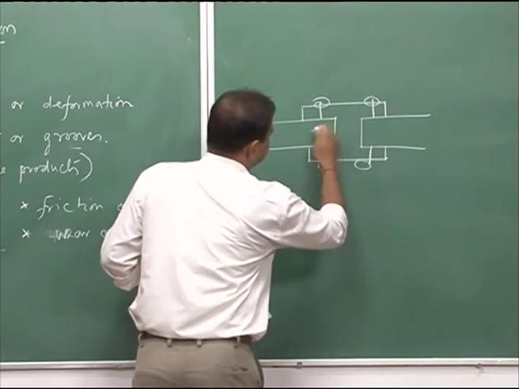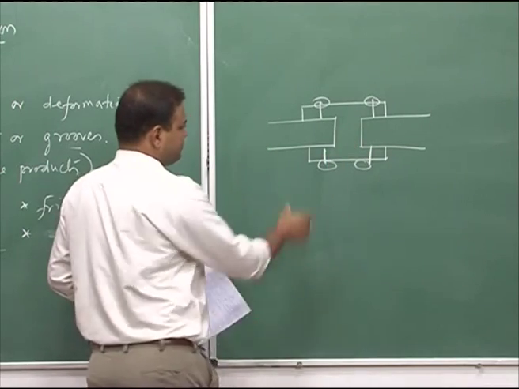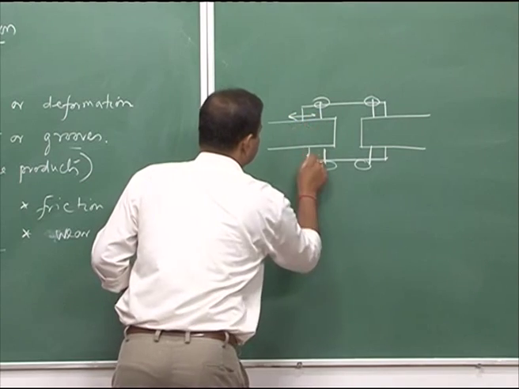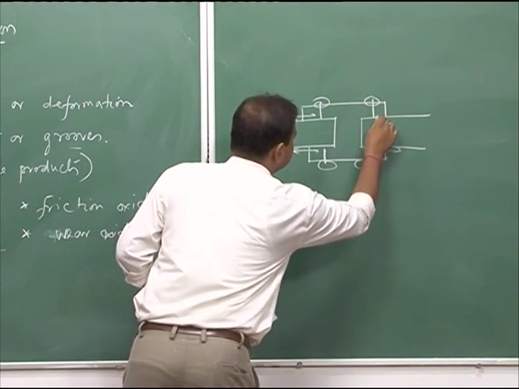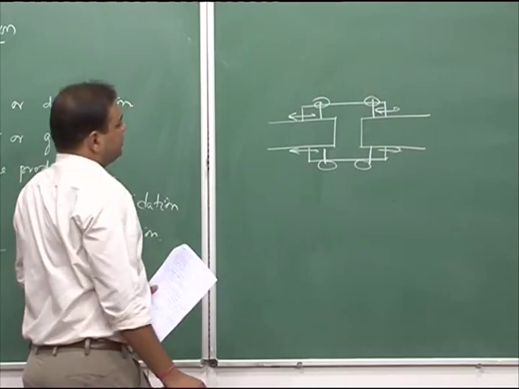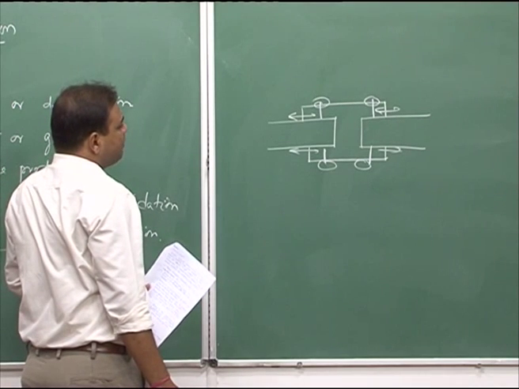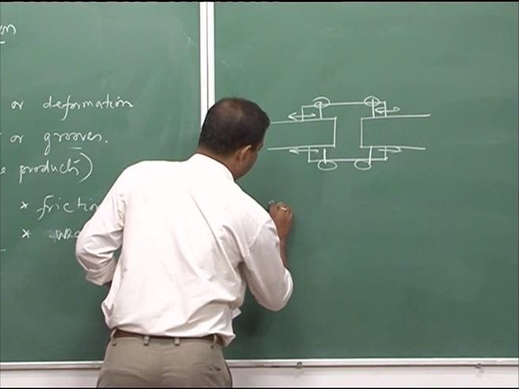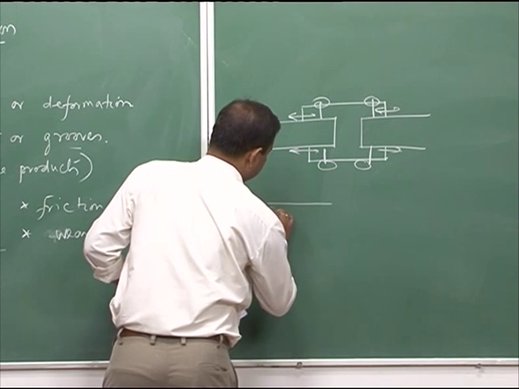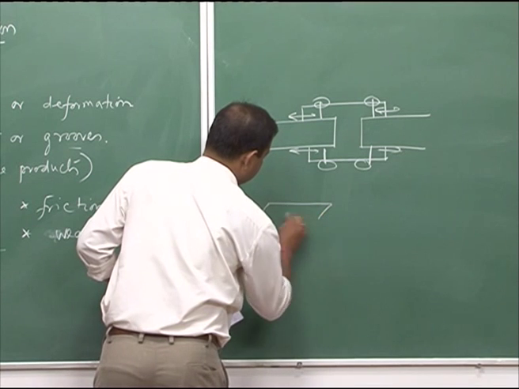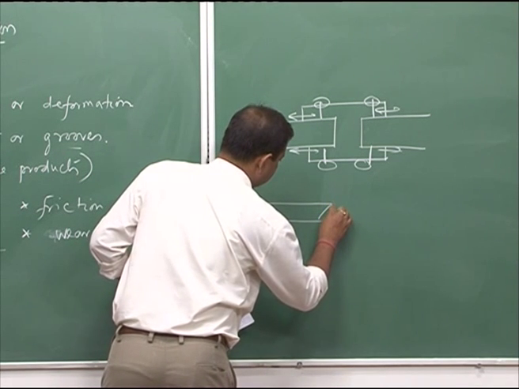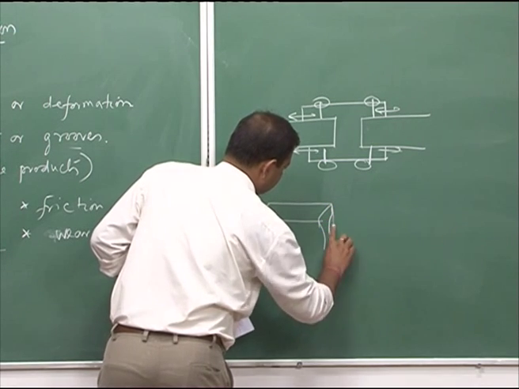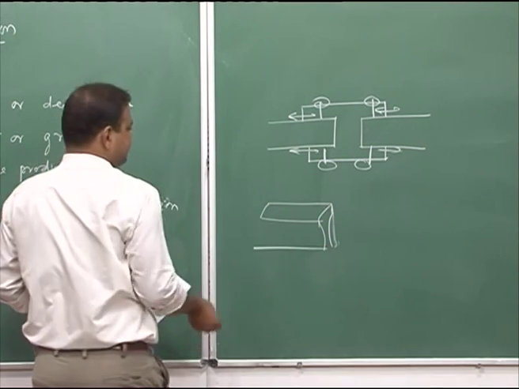Now, during expansion and contraction of this rail section, there would always be a small relative movement in this section, and due to this relative movement there could be fretting corrosion. Let us say this is my rail part.